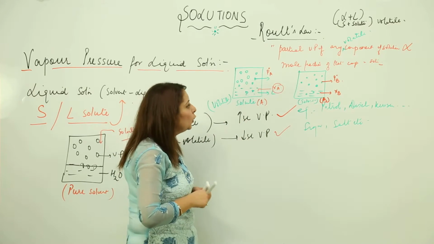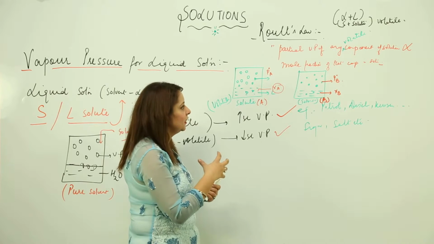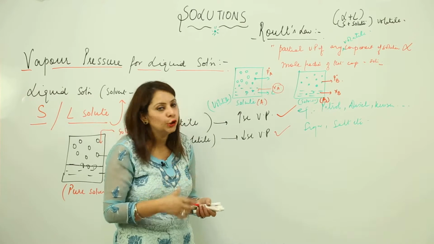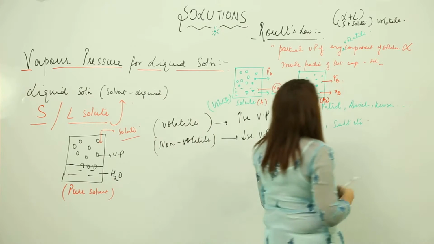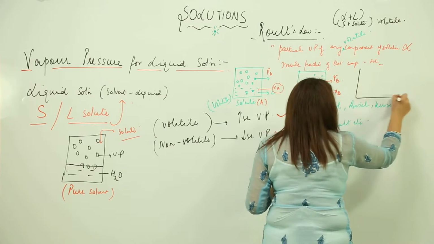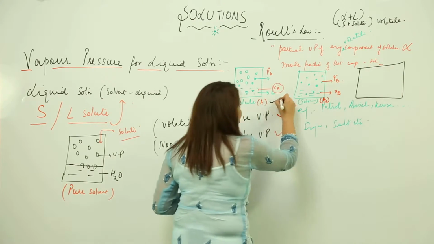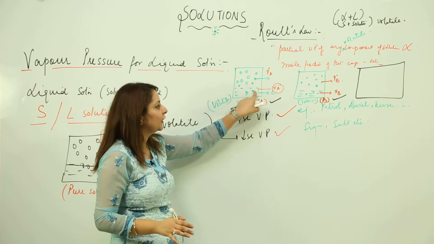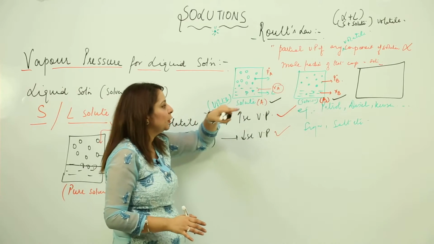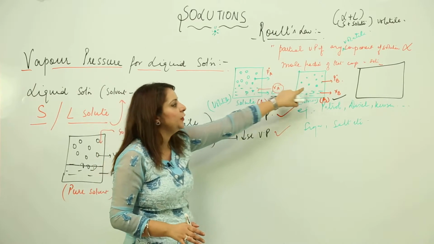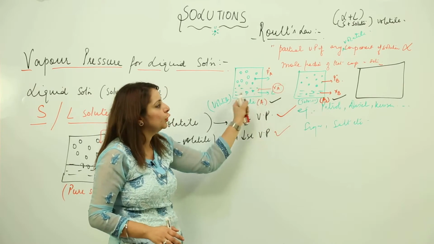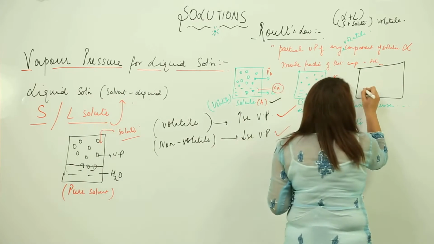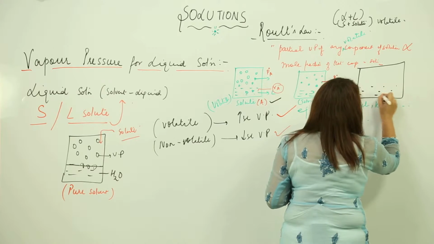Right. Now for this law we need to make a solution, so let us make a solution first. Let this be a solution in which we are adding both of these, both volatile, and we know that their mole fractions are XA and XB, and their partial pressures are P naught A and P naught B. So let us mix the solute and solvent in a container to form a solution.